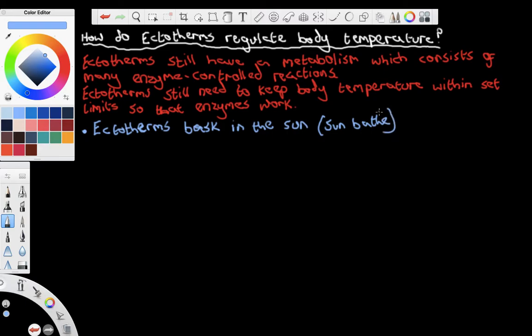Okay? You find that lizards stand on a rock and hold their face up to the sun in order to warm up. Okay? So we can say underneath here that reptiles sit in the sun or sit in the sunlight to warm up.